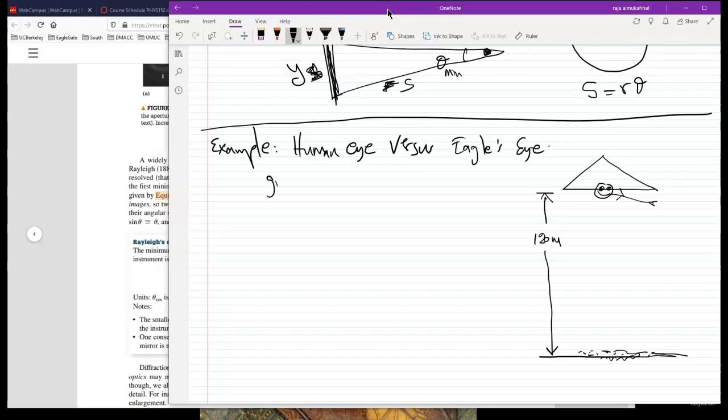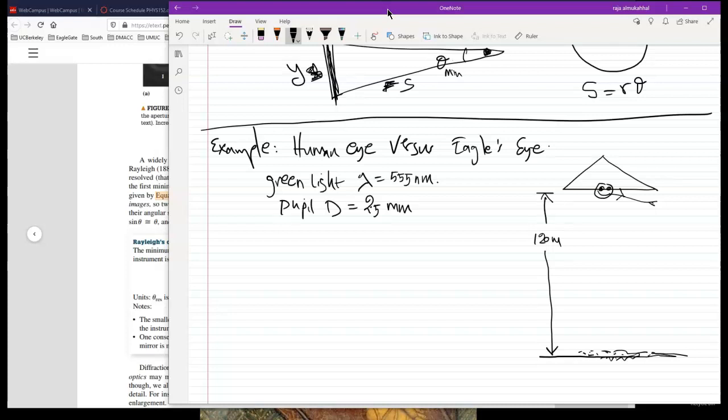We're dealing with green light, which means lambda in this case is 555 nanometer. The green light enters the eye through the pupil. Once you mention pupil, that means we have the objective lens, or the aperture width, and for the human eye it is roughly 2.5 millimeter. That's the width of the human pupil on average.